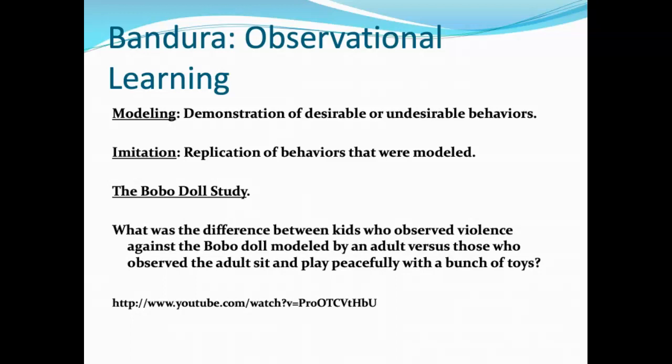It was one of the more famous studies in psychology. The interesting thing was they ran this in a number of different ways. So they had male children watching a female model, they had male children watching a male model, female children watching a female model, female children watching a male model, and different permutations of such.